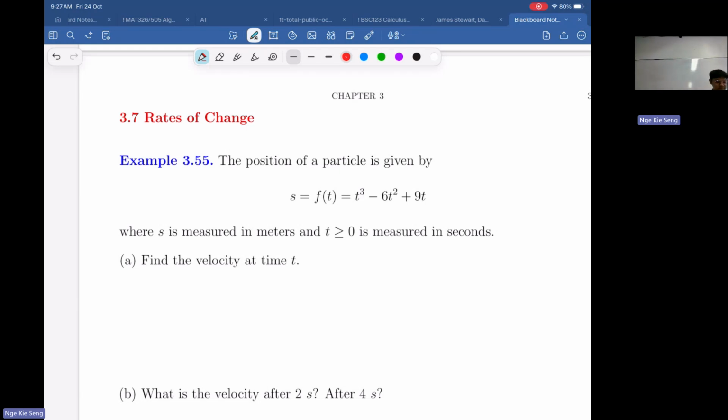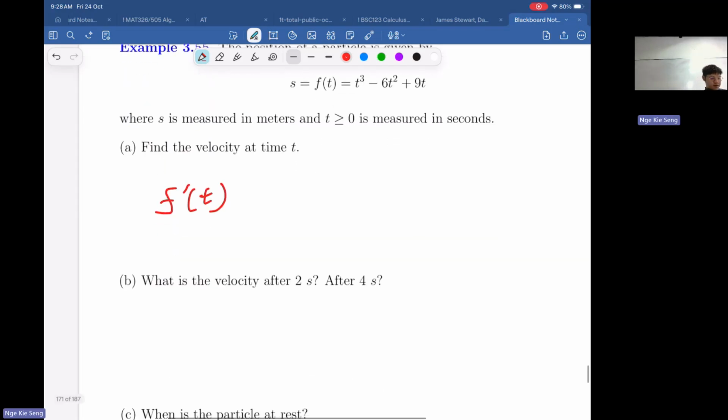In particular, this example gives you a position function. This particle follows the cubic polynomial t cubed minus 6t squared plus 9t. If you're going to find the velocity, you just differentiate it, and this is your velocity.